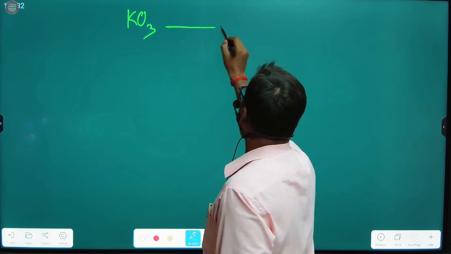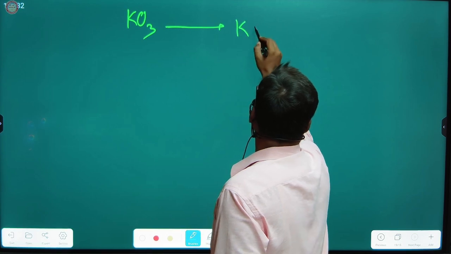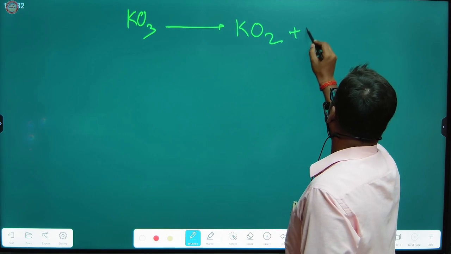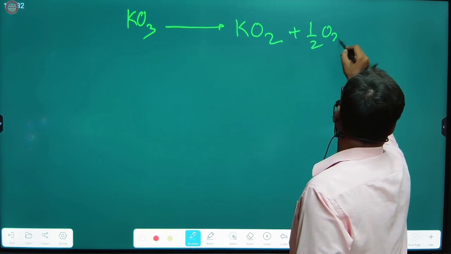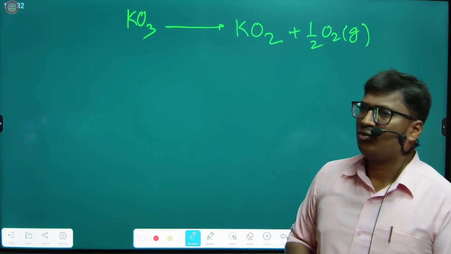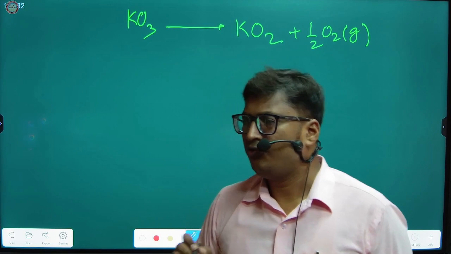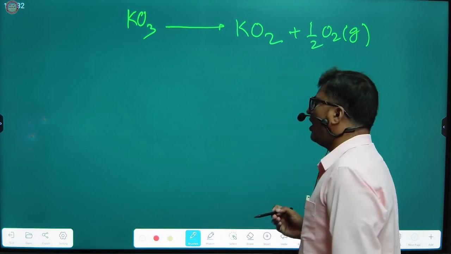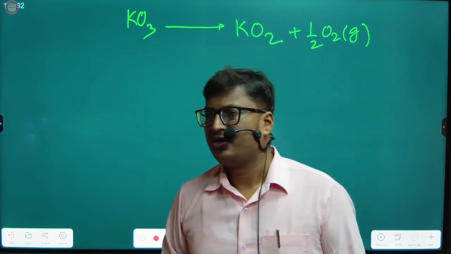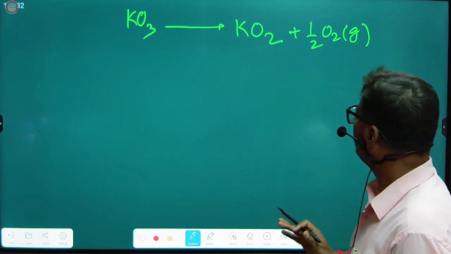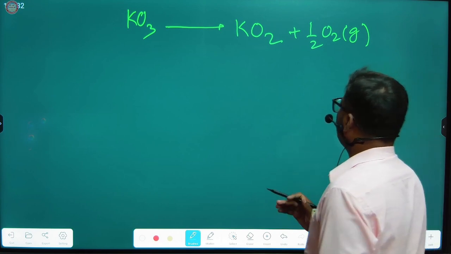So it will decompose into superoxide plus half mole of oxygen gas. So ozonides are actually a source of oxygen. All ozonides can regenerate oxygen in the atmosphere. So this is the beauty of ozonides.